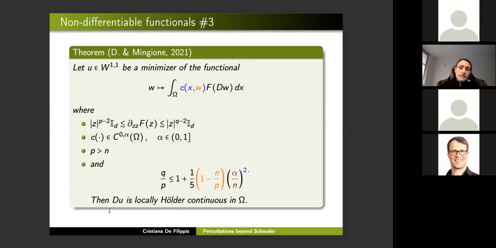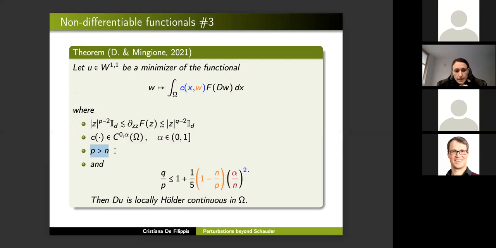Finally, the last one. We can also prove Schauder estimates for this variational integral. We have that second derivatives of f are elliptic in this sense, so PQ ellipticity is satisfied again. C is Hölder with respect to both the entries.